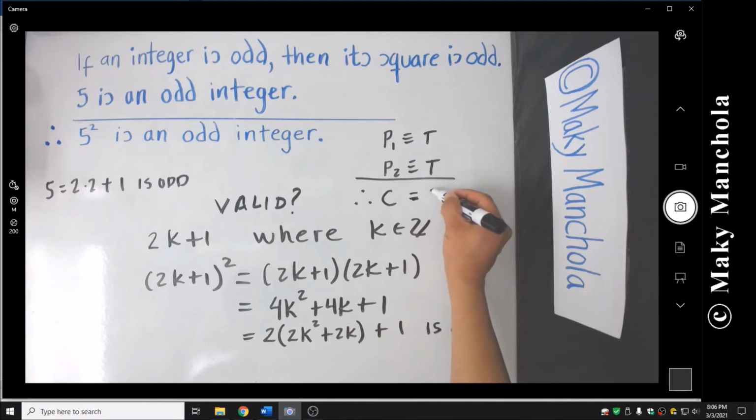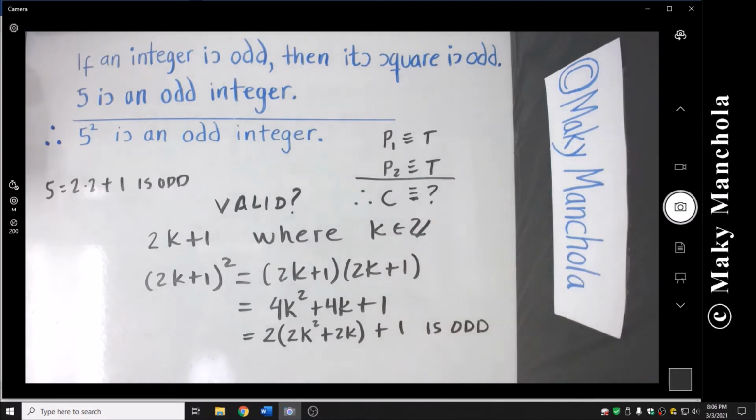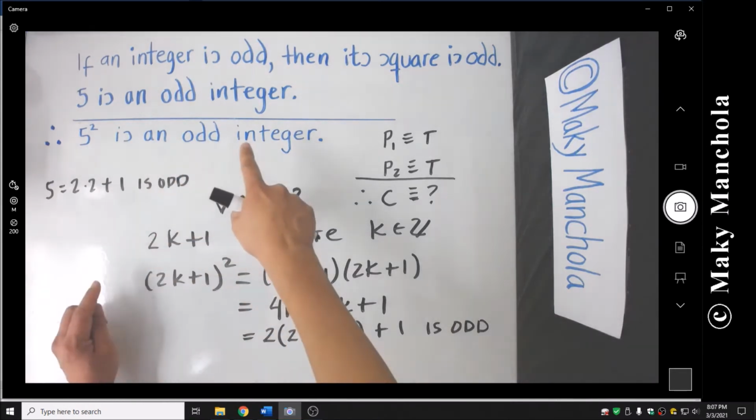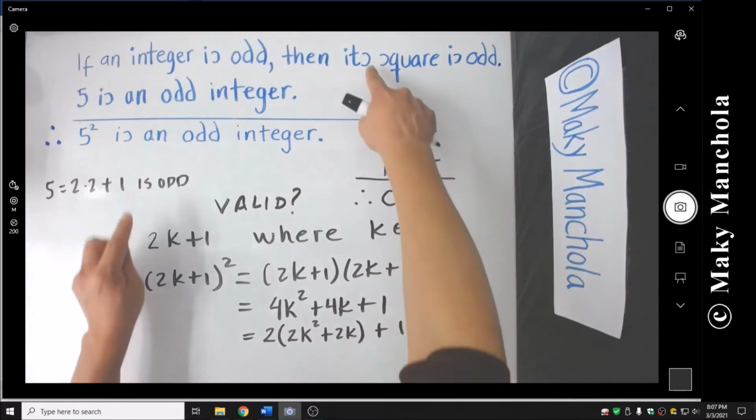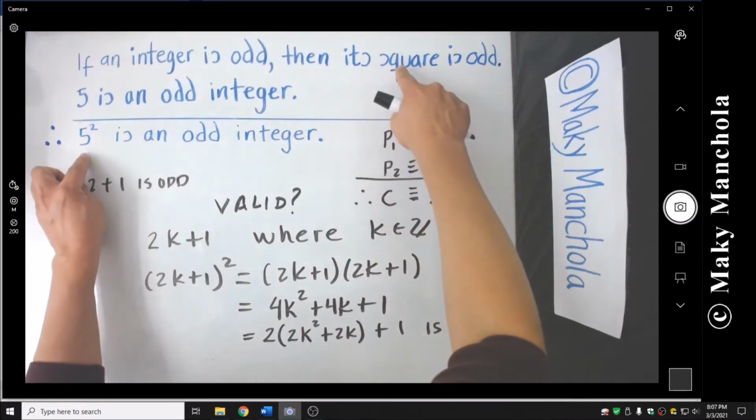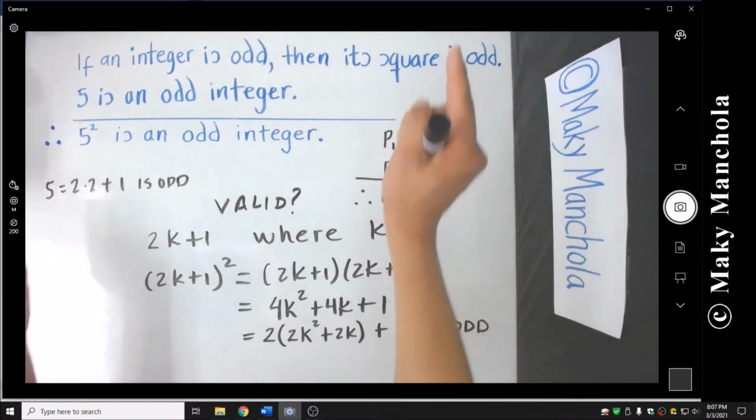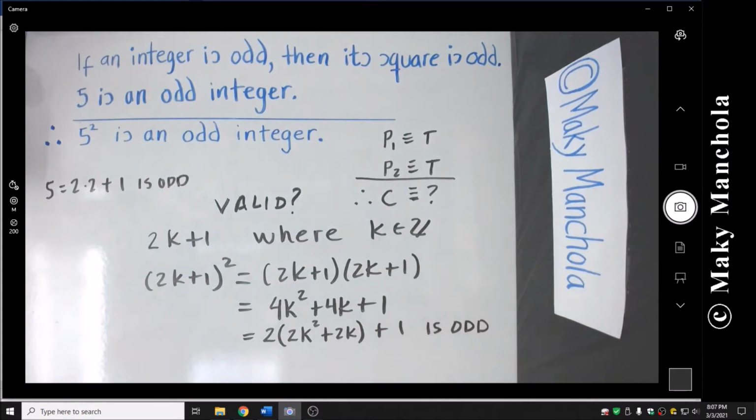Is it true or is it false? Since 5 is an odd integer, by the first premise, its square, 5 squared, is odd. So we found that the conclusion is true.